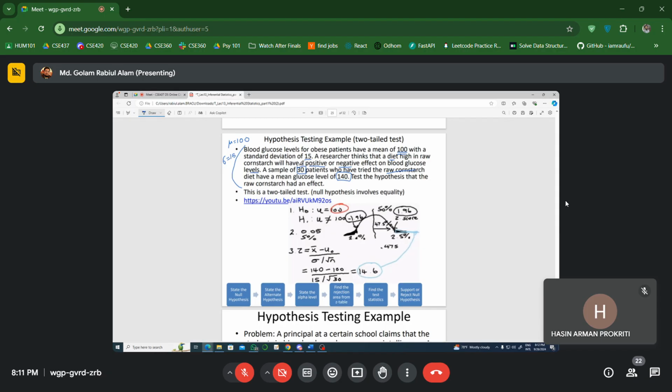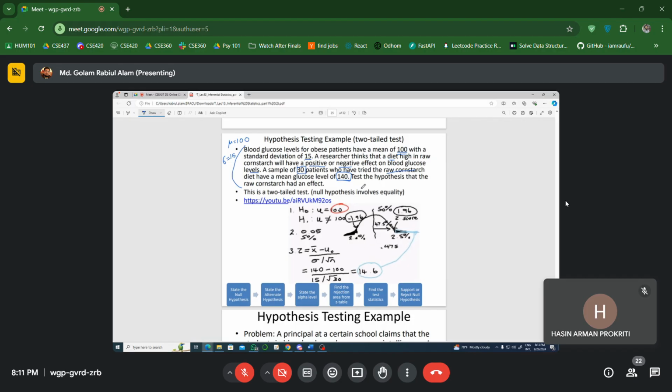So the researcher collected data from 30 patients on a raw corn stress diet, measured their glucose level and found that it is 140. Now, based on this observation, we have to test the hypothesis, whether it is accepted or rejected.